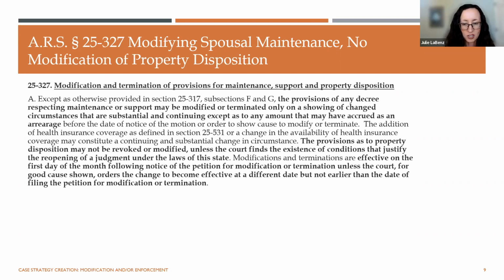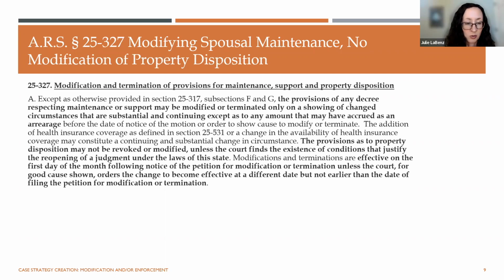Also, this middle sentence that I have in bold, this is where that language is about how you can't modify the property disposition parts of your decree. It says the provisions as to property disposition may not be revoked or modified unless the court finds the existence of conditions that justify the reopening of a judgment under the laws of the state. So getting your whole divorce decree reopened, there's a very high standard for that.